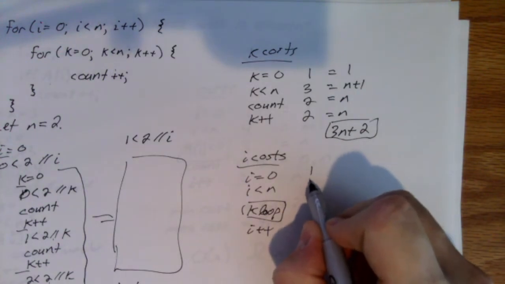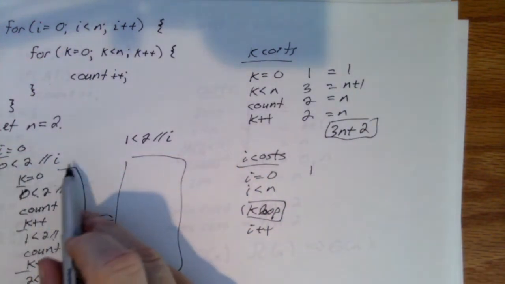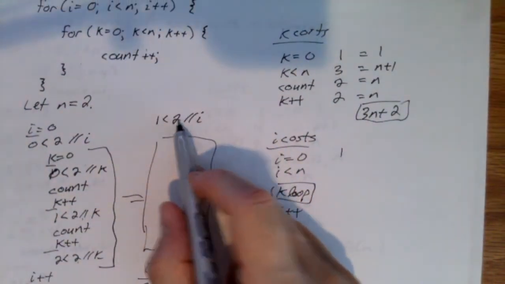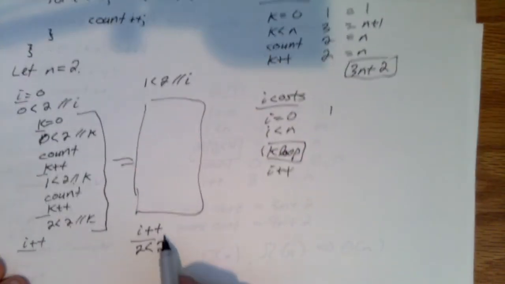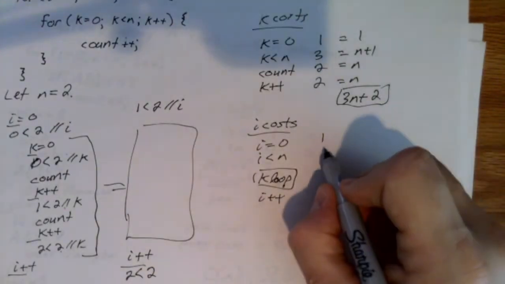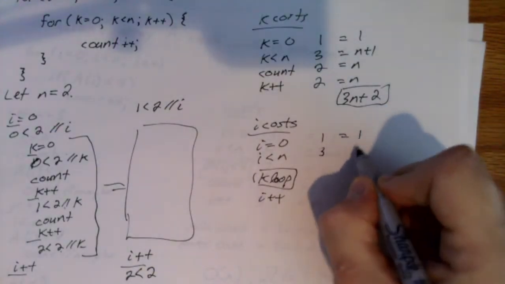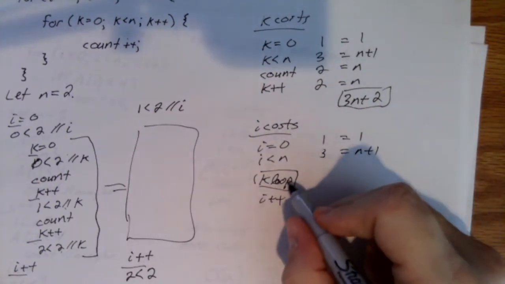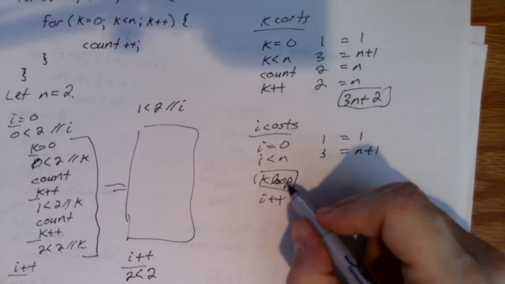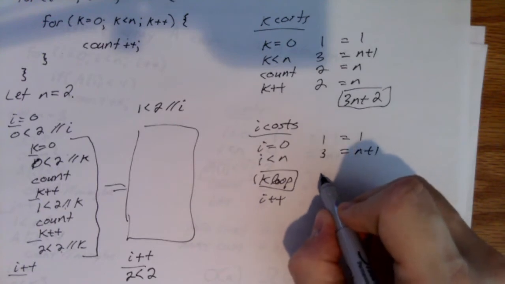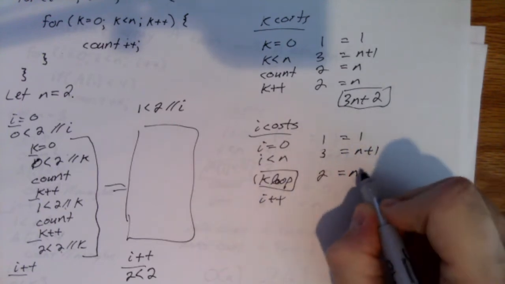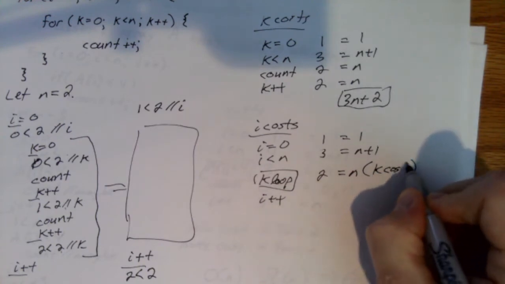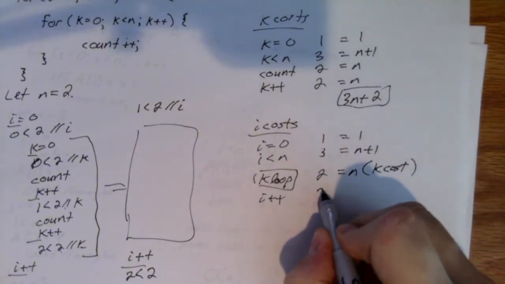This also happened 0 less than 2, 1 less than 2, 2 less than 2. So it was 3 times. So that's 1. That's n plus 1. How many times did we run the K loop? Well, it was n times. We saw it 2 times here, which is n times something. We'll call it K cost. And this was also 2, which is n.